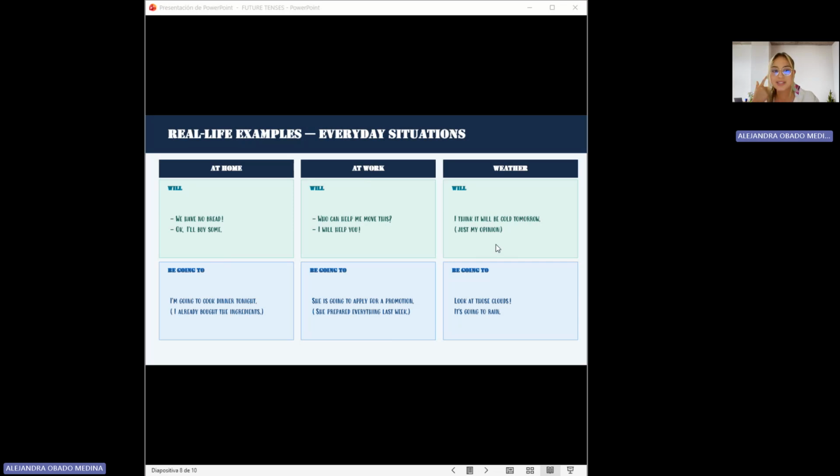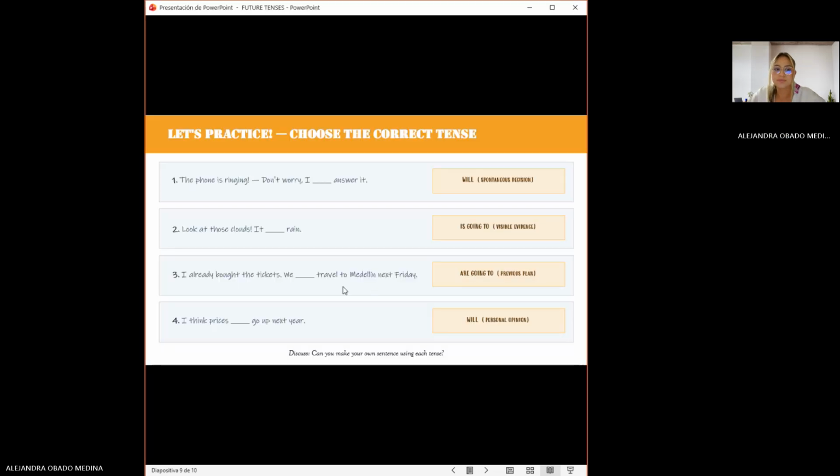But when you see dark clouds, you can say, look at those clouds. It's going to rain. Okay, visible evidence, be going to. Same situations, different choice. The context is everything.